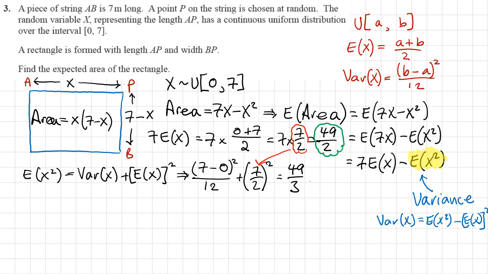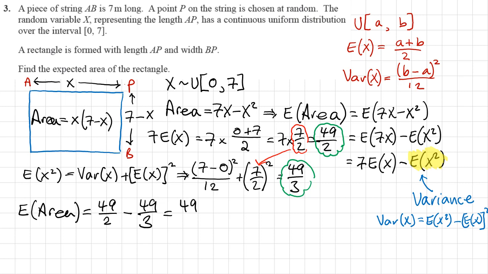And we'll highlight that. So our expected area is equal to, and we'll go back to this formula over here, 7E of X, which was 49 over 2, minus E of X squared, which was 49 over 3, and that gives 49 over 6, and that'd be meters squared, because the length of that was 7 meters.